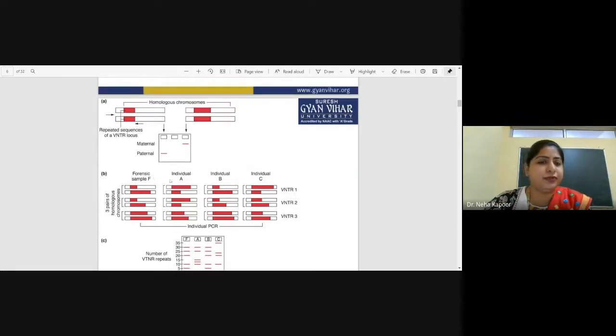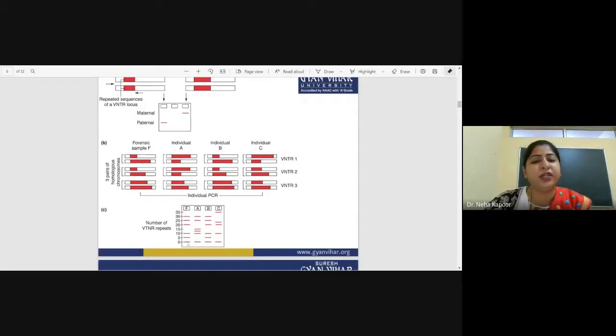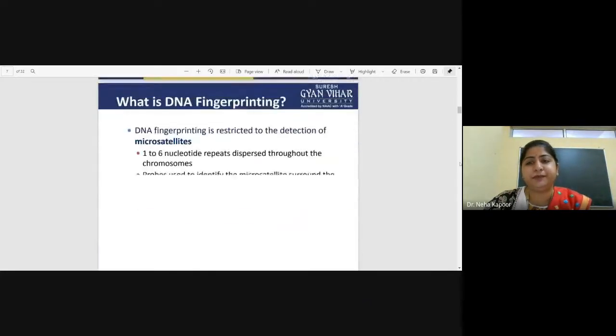In that case also, with the forensic sample and suspects A, B, C, you have to compare the homologous sequences and the VNTRs that are present. Depending upon the same number of VNTRs, the same size of VNTRs, and their presence in different individuals, we can identify the suspect, or detect the main culprit.